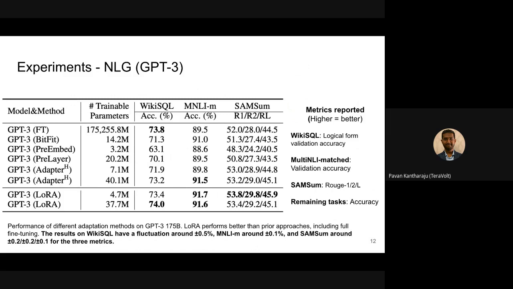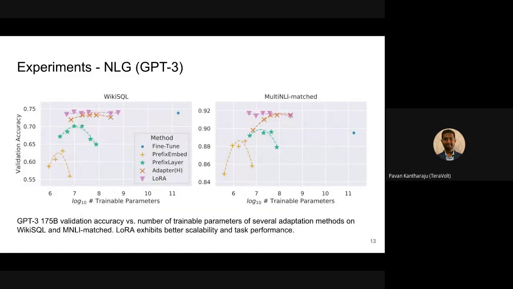They also do one additional experiment with GPT-3 where they look at the number of trainable parameters and the effect of these trainable parameters on the validation accuracy for WikiSQL and multi-NLI.